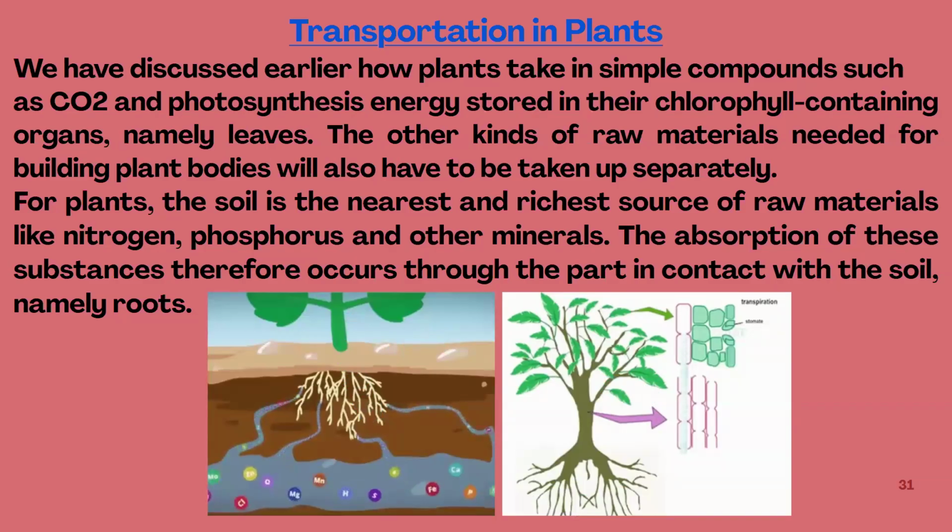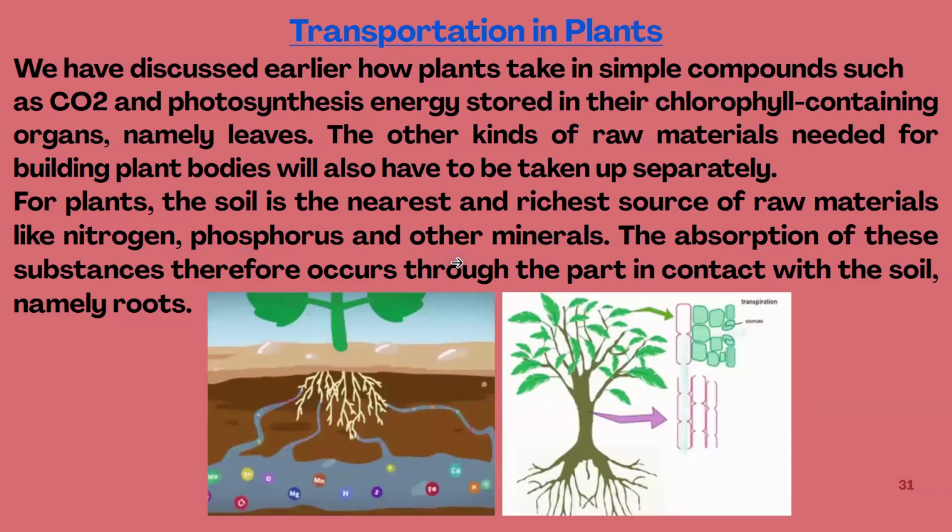The raw material needed for building the plant body will also have to be taken up separately. For the plants, the soil is the nearest and richest source of raw materials in the form of nitrogen, phosphorus, and other material.